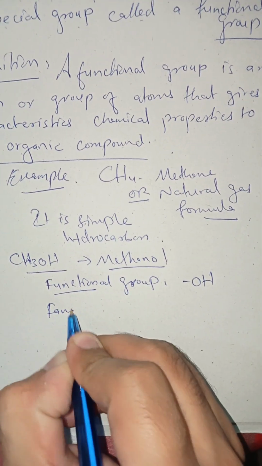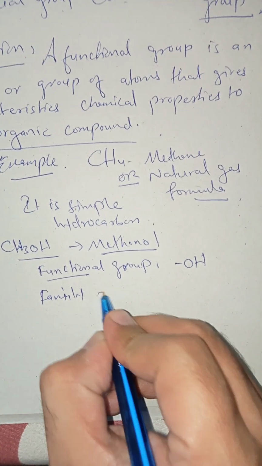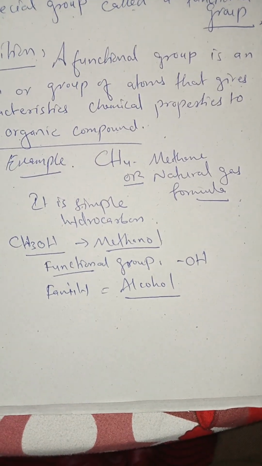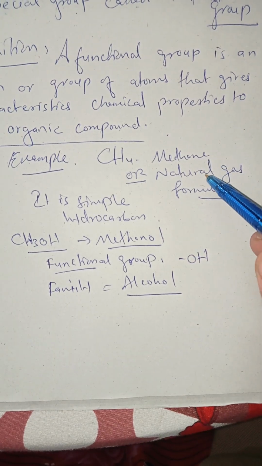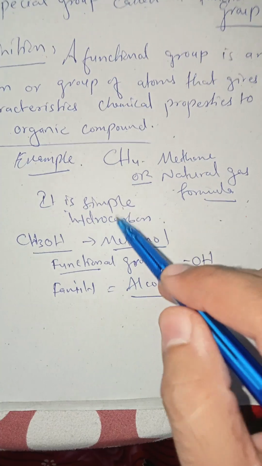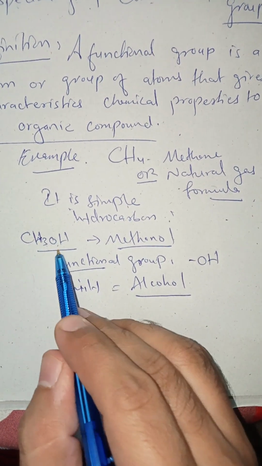We can say family. Simple CH4 is only methane, or we can say the natural gas formula. It is a simple hydrocarbon, but CH3 is attached with OH, and there is one condition.